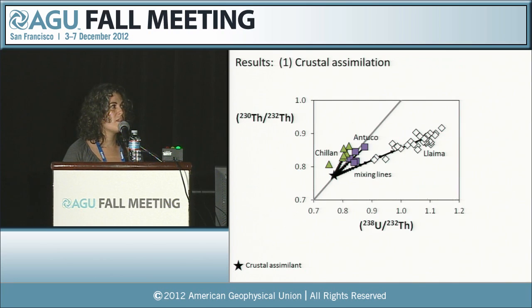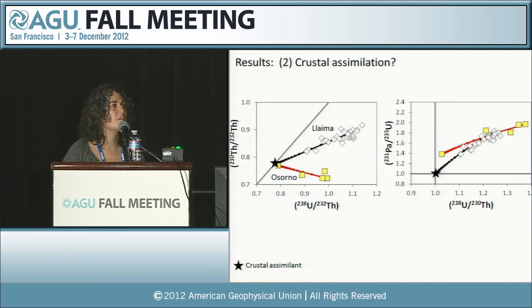So we think that Antuco and Chillán have also been affected by crustal assimilation, as shown by the mixing lines, and they seem to be mixing to an assimilant that is similar to the plutonic rocks that affect Jaima volcano. And the least affected samples from each of the volcanoes, you can see, have quite different chemical characteristics.